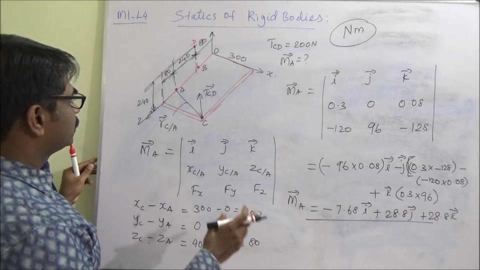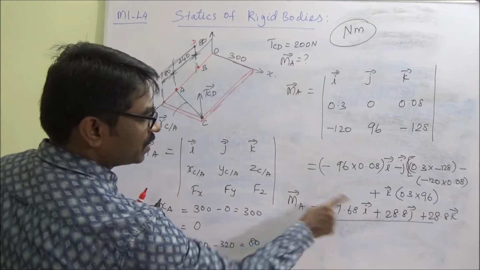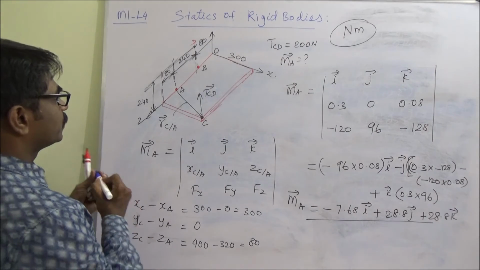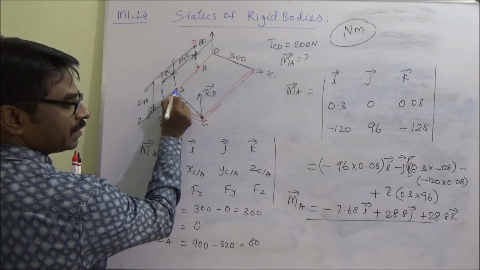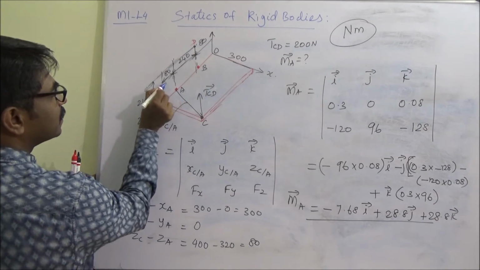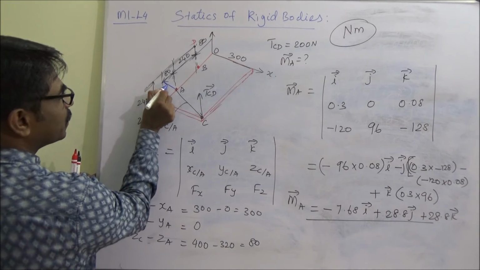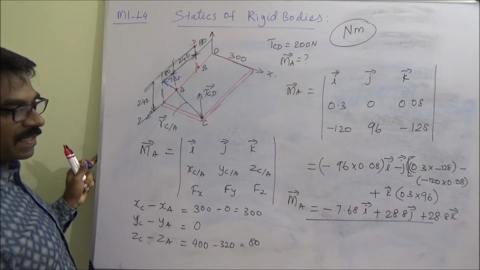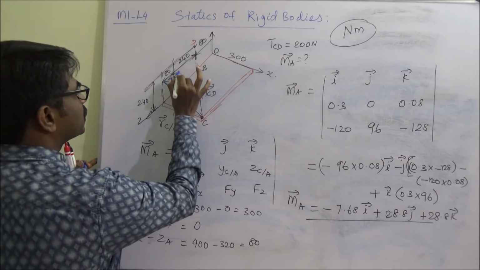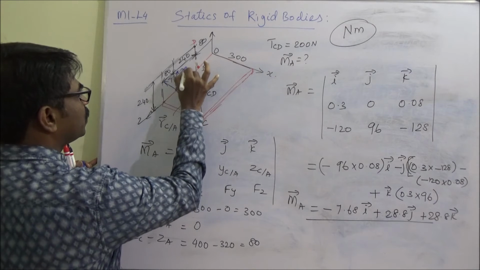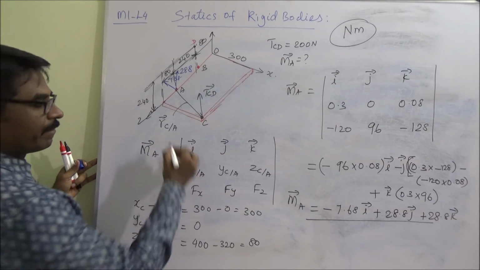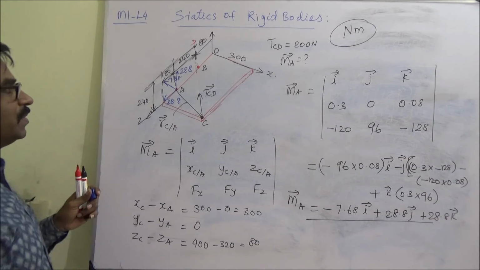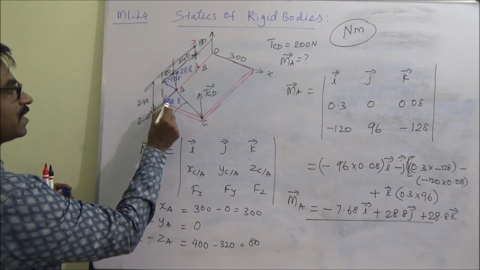Okay, now can we draw this here about this point? Okay, so my x is negative, this is 7.68 i vector, 28.8 positive, and this is 28.8 positive. So x direction, y direction and z direction.